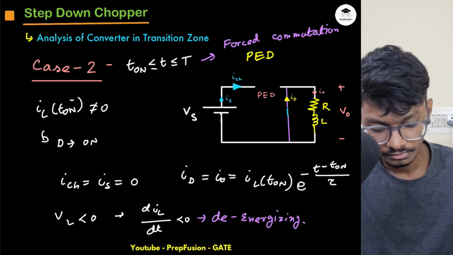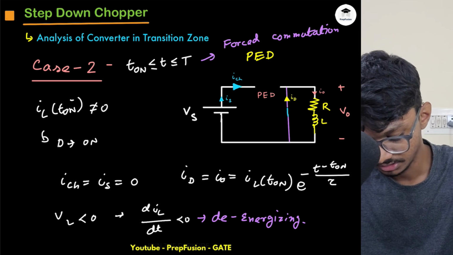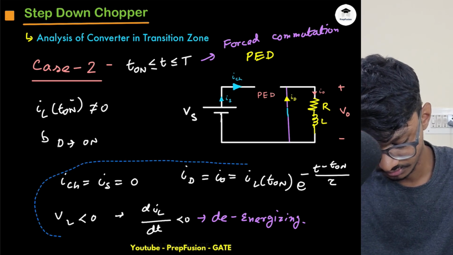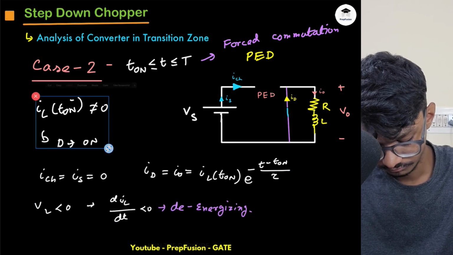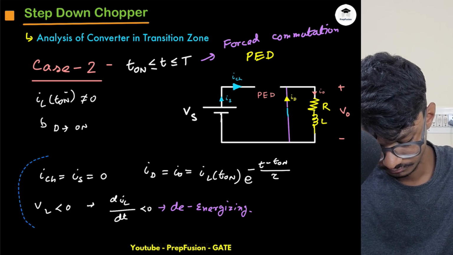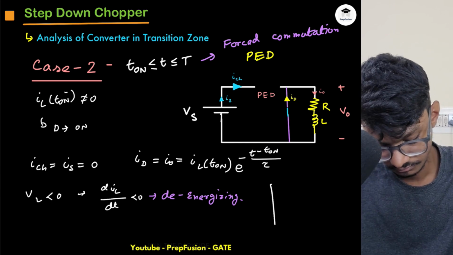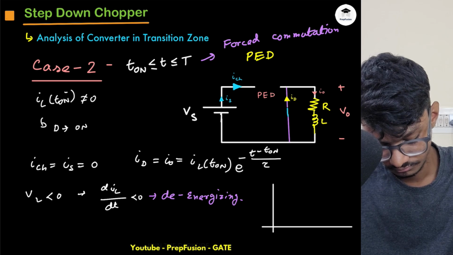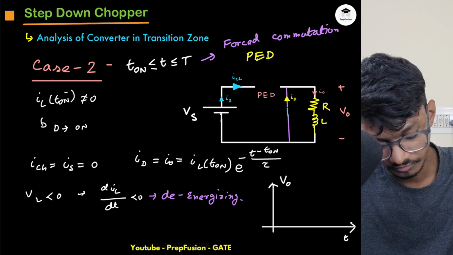Fine. So basically what is happening is that, only due to the first cycle, my waveform will look something like this. If I just reduce the sizes a bit, the waveform will be something like this.